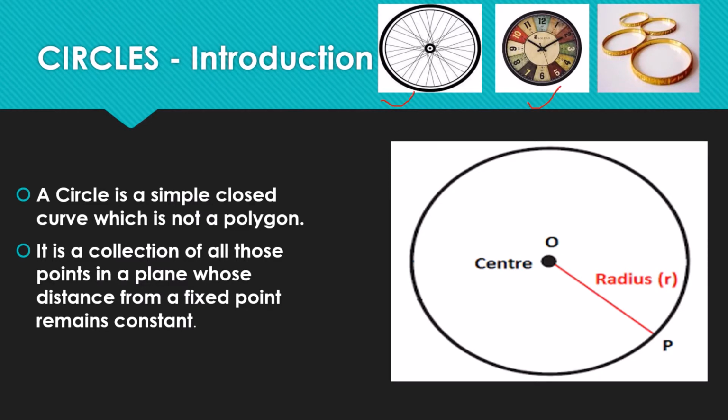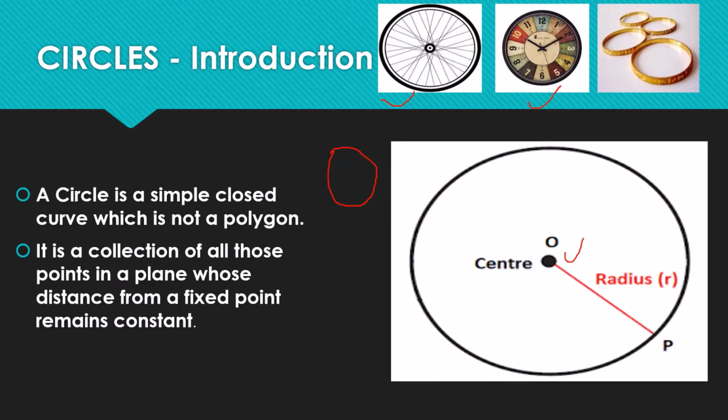These all are things you find round in shape. So a circle is a simple closed curve, and it is not a polygon, because in a polygon we have line segments. In the circle there is no line segment, it is a simple closed curve, and it is a collection of all those points in a plane whose distance from a fixed point remains constant.